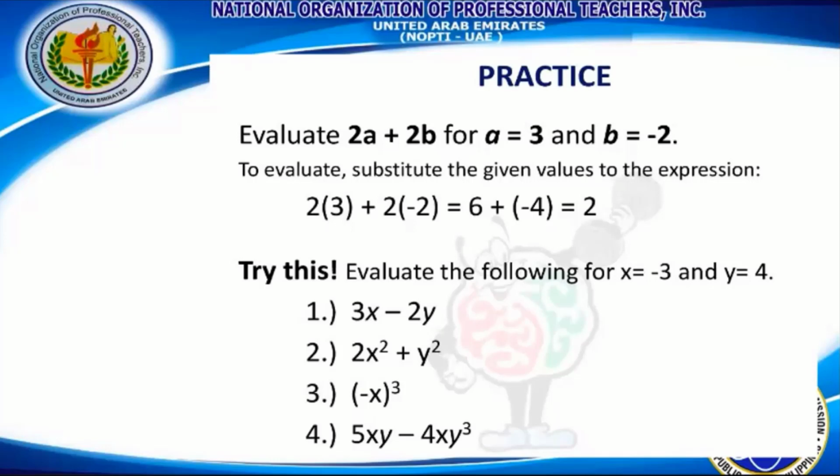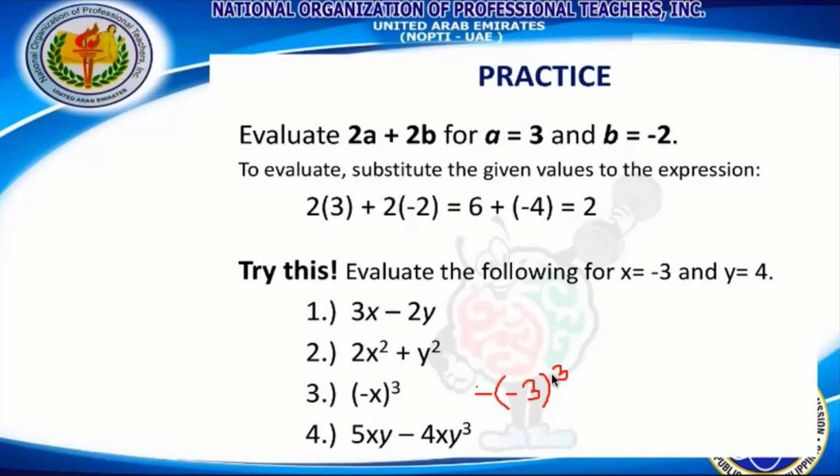Positive or negative 27? Kasi parang ganito yan. Negative, kasi negative din yung x value. Kaya, negative 3 exponent 3.